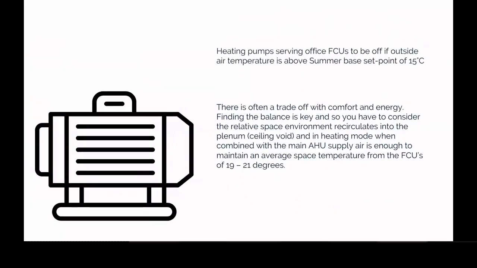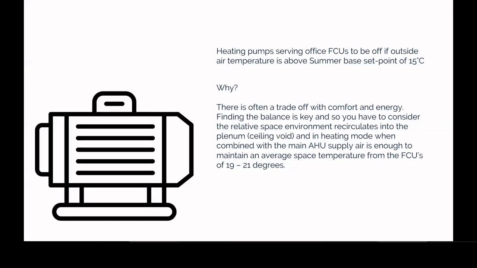Next. Okay, so heat and pumps serving office and fan coil units. Again, this is just a standard summer base set point, but heat and pumps that specifically serve the fan coil units are going to be off when the temperature outside is above 15 degrees. Why? Well, there's a trade-off, obviously. If you think about it, inside you've got process machinery, we have people moving about, we have PCs, all generating enough heat.